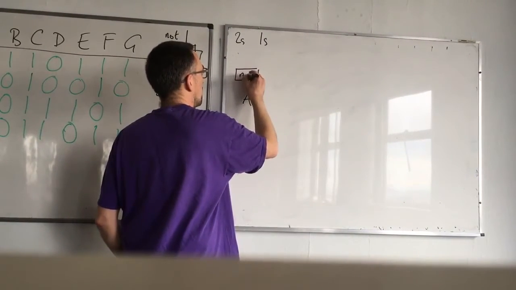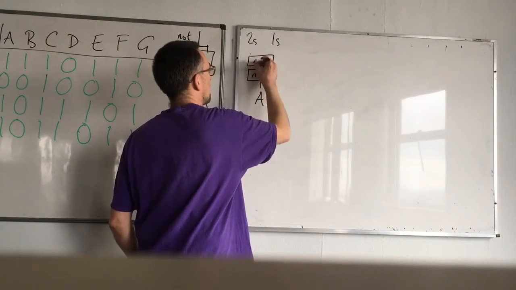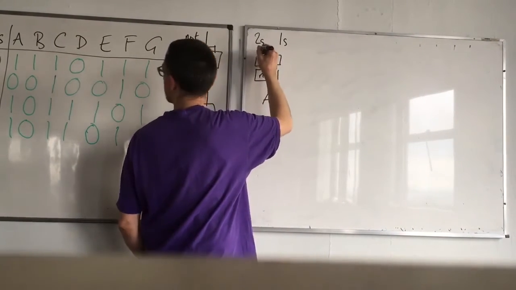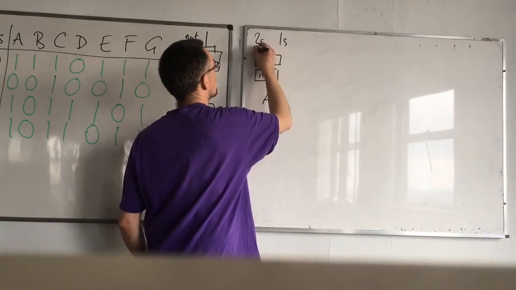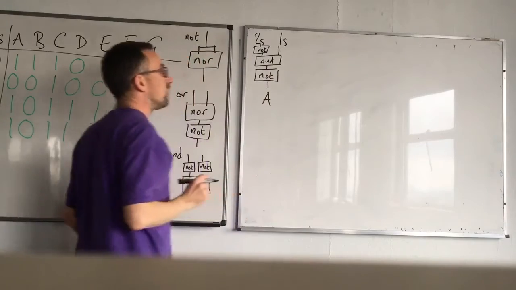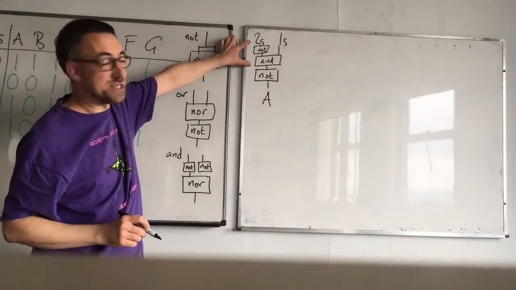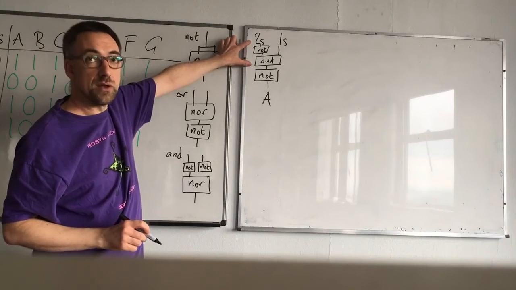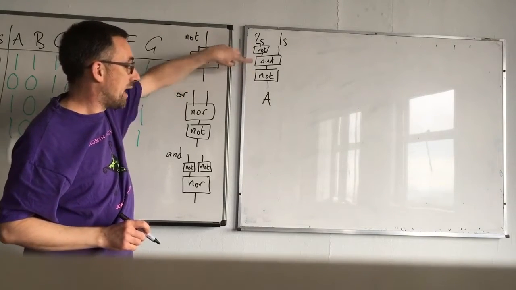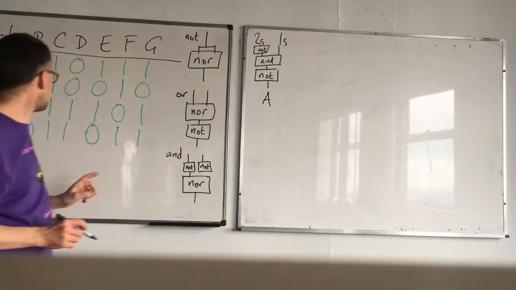A is 1 when it is not the case that we have both 2's being 0 and 1's being 1. So this is a detector for the situation where we have 0, 1, and we're saying anything but that. So that will give us A.